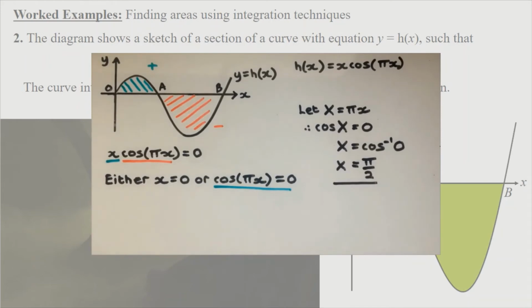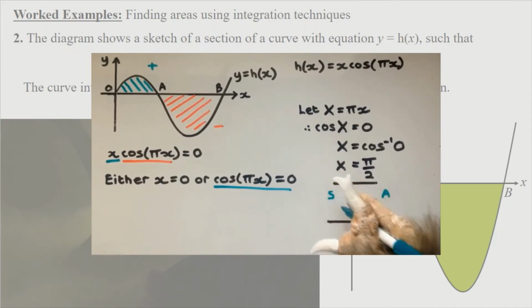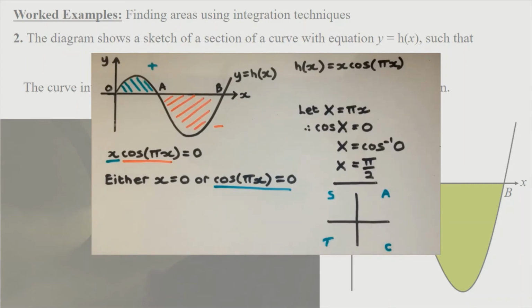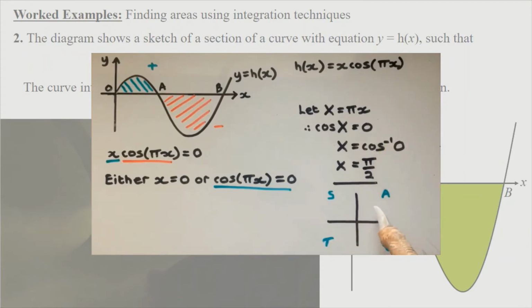Now on a CAST diagram, or if you want to sketch the graph, that's absolutely fine. This is really nice because you're going to have two quadrants where we apply pi over 2. Now, it doesn't actually matter which quadrant you put this in, because you'll see very quickly that you're going to get the same value. Because cos x equals 0, this value is neither positive nor negative, and this means that you can put this angle pi over 2 into any of these.